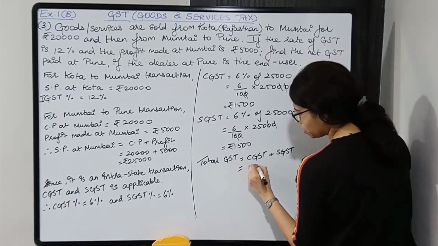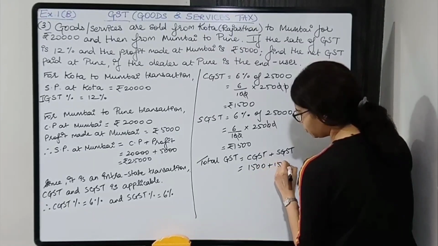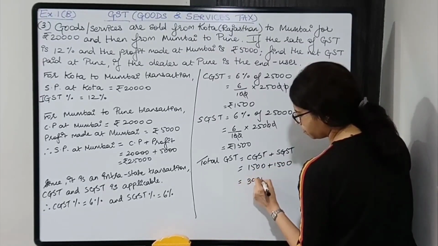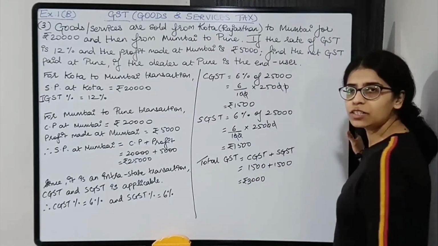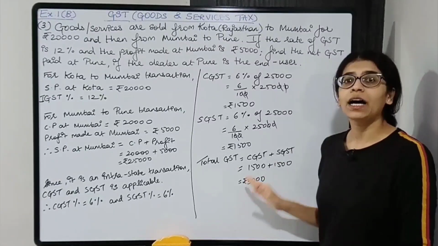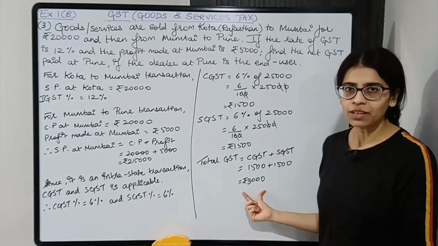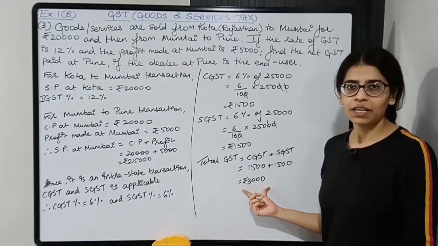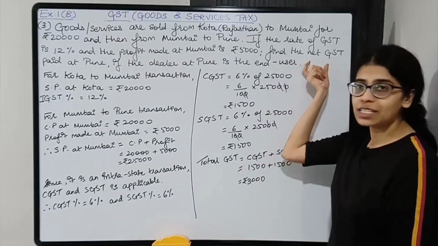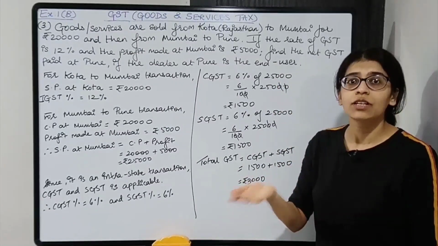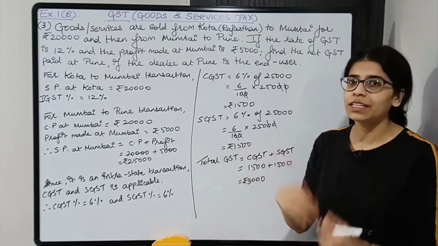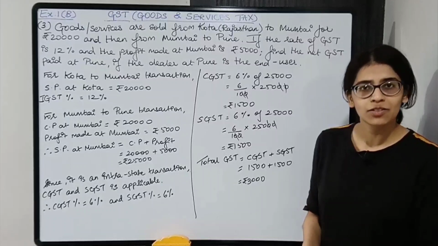So that is 1,500 plus 1,500 कितना हो गया? 3,000. So total GST paid by Pune dealer is 3,000 rupees. Okay. So this is the GST that he has paid. Okay, this will be the net GST because he is the end user. So end user को कोई GST मिलने नहीं वाला है. He will not receive any GST.